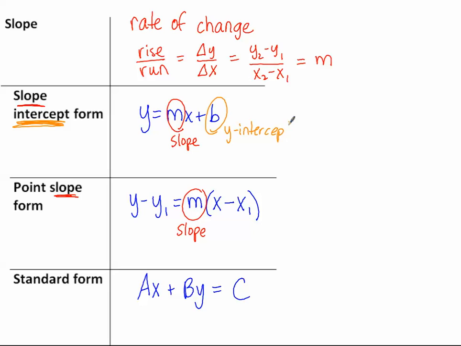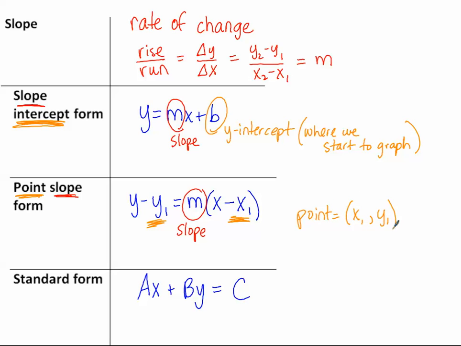That would be our starting point where we start to graph the line. And in point slope form, the point, so the x1 and the y1 is the point. Also where we start to graph.